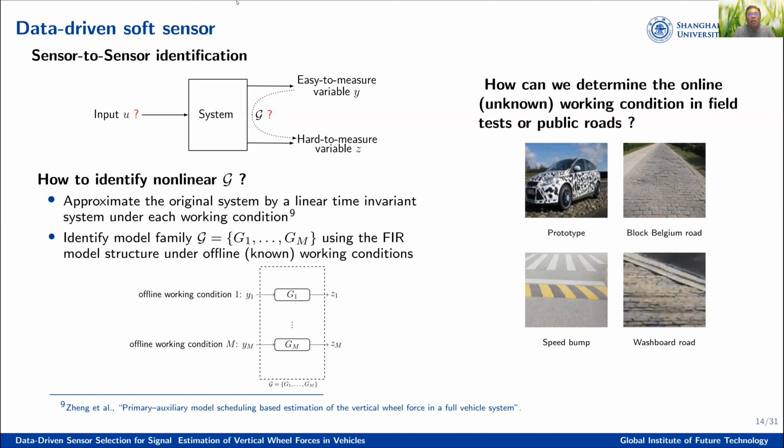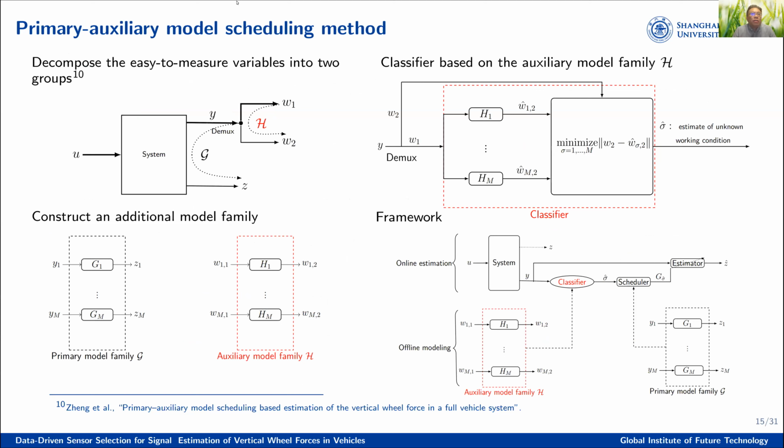That's not the case. So the key question is that we have to identify the road condition automatically so that we can apply this nonlinear model family G. So here is the scheduling method. First, we decompose the easy-to-measure variables again into two groups.